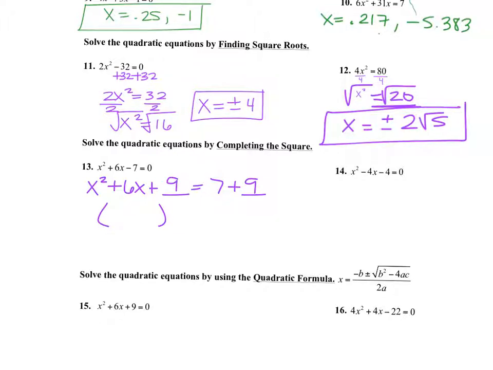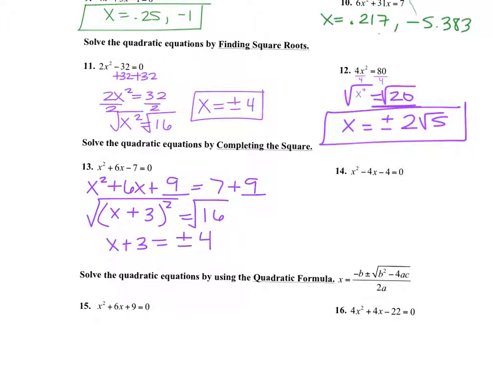Oh, sorry. It's x plus 3. X plus 3 squared equals 16. Then we're going to square root that. So this is x plus 3 equals, don't forget, plus or minus, the square root of 16 is 4.